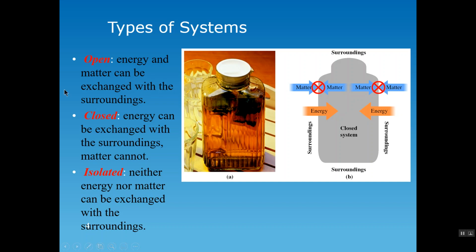So in terms of a closed system, this is what this represents. This is basically a bottle of, it looks like honey. As you can see, it's closed, so therefore there's no exchange of whatever is inside here with outside, right? So there's no exchange of matter between the system and surroundings, but you can have energy flowing into or out of the system.